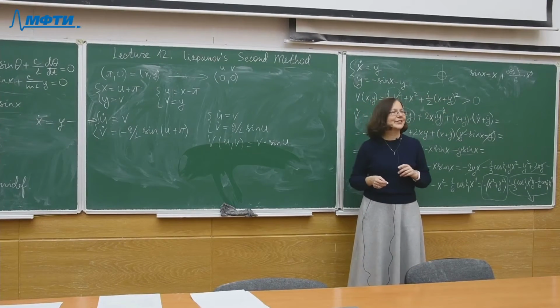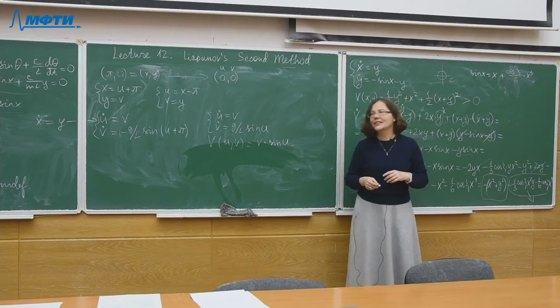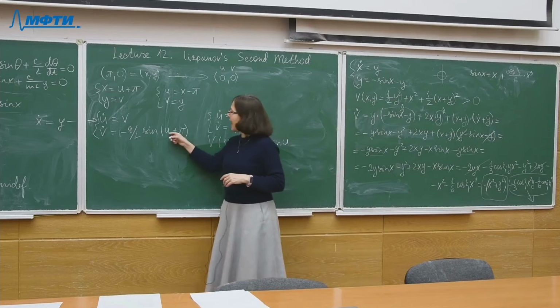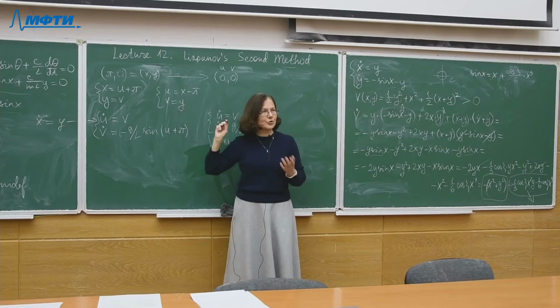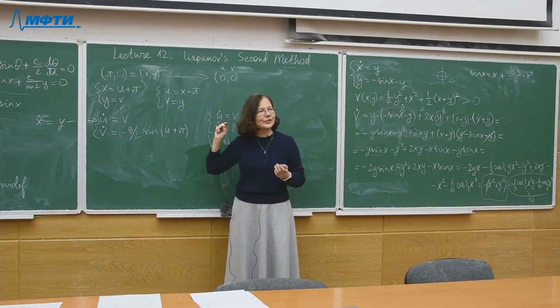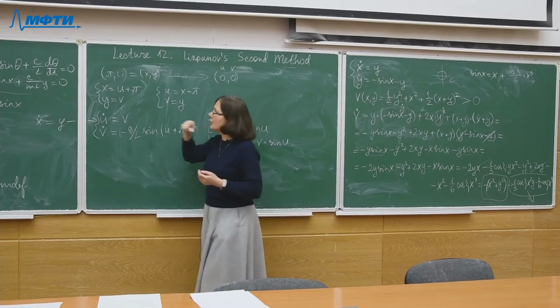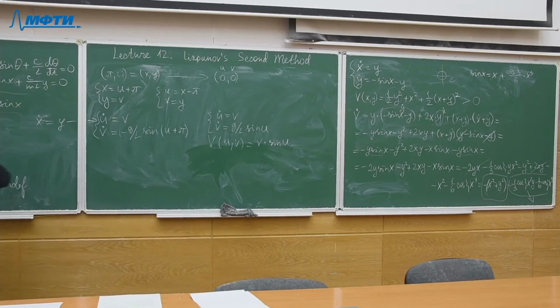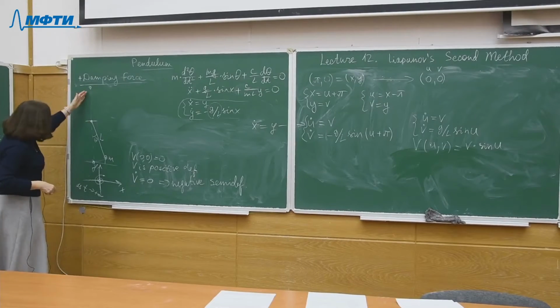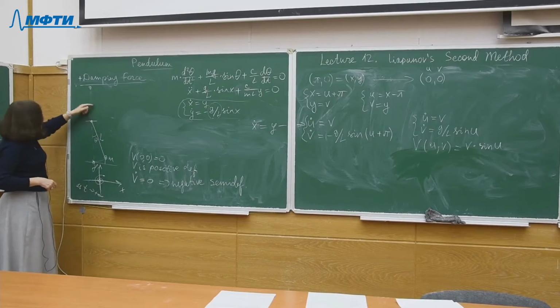You chose pi. Pi can be anything, right? Is there a reason you chose pi, why not maybe some arbitrary number? Pi, because this is the critical point for which theta is pi.